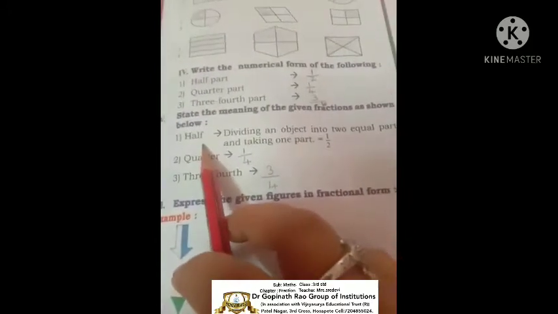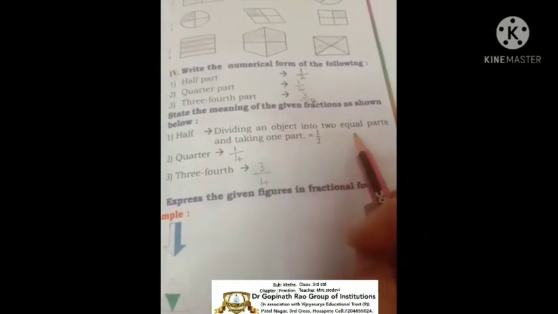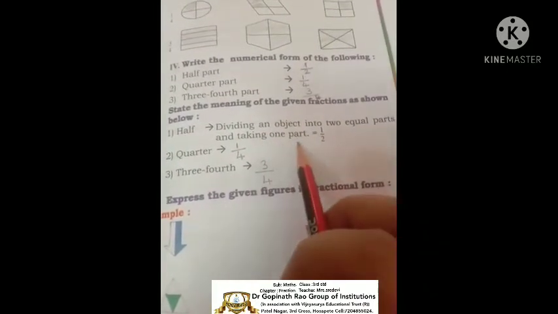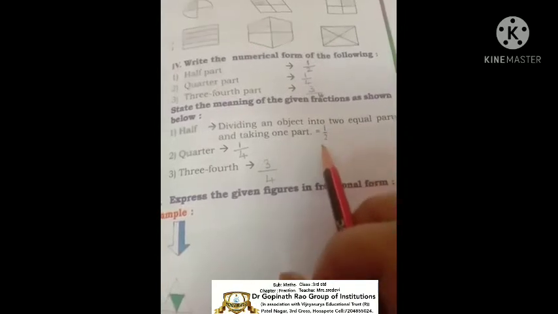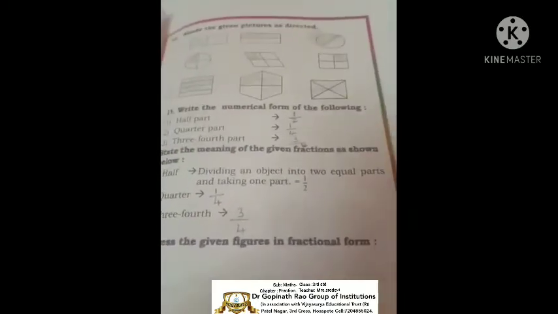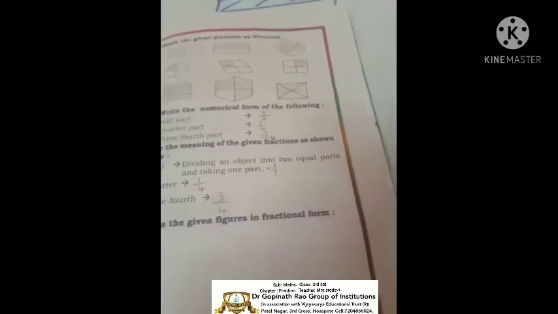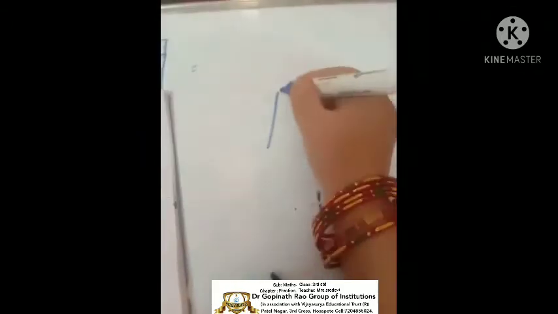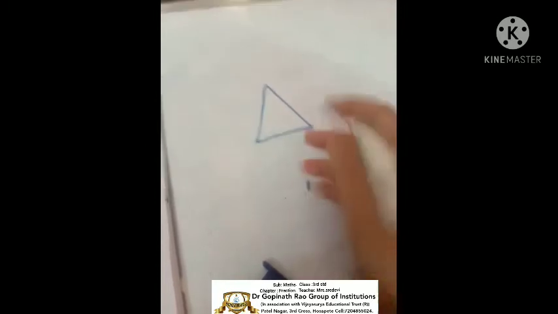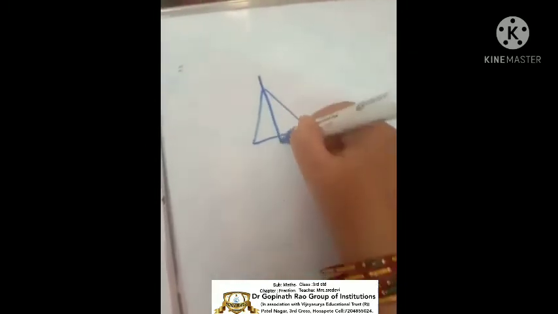Half. Half means divide an object into two equal parts and taking one part is equal to 1 by 2. For example, I have taken a triangle here. First I will divide it into two equal parts.